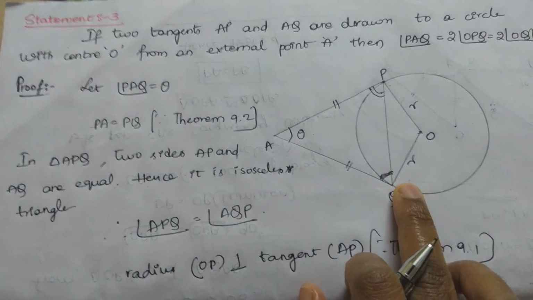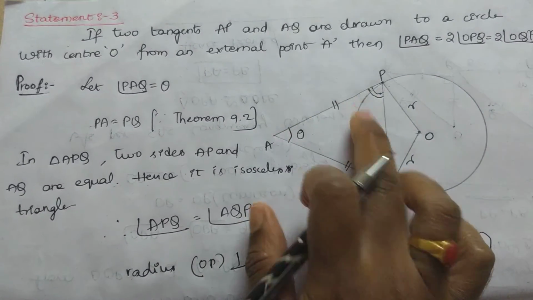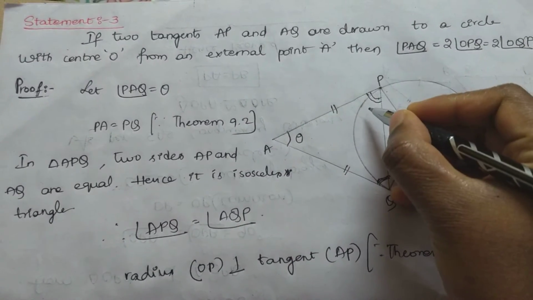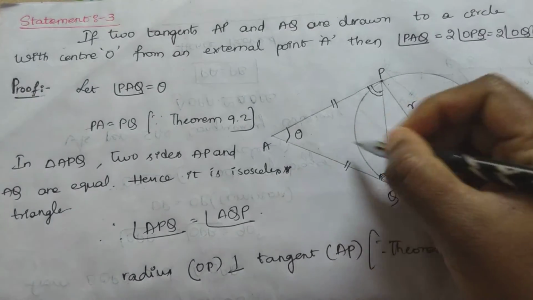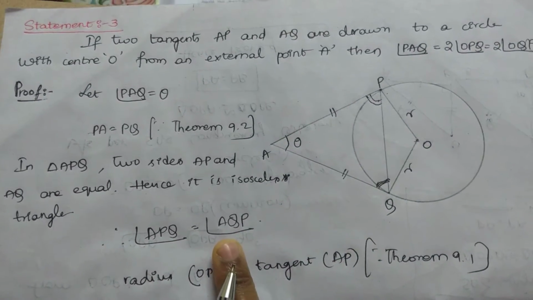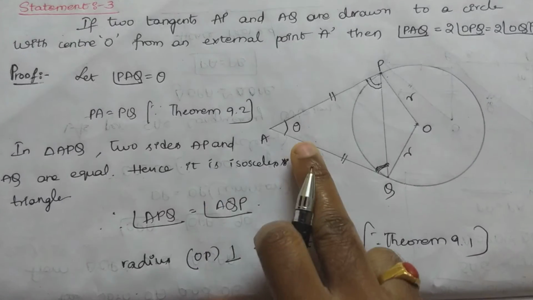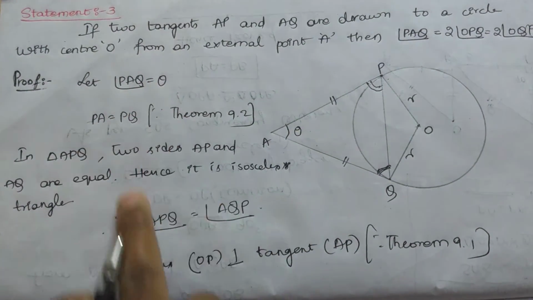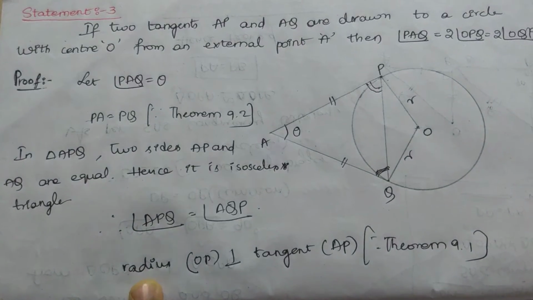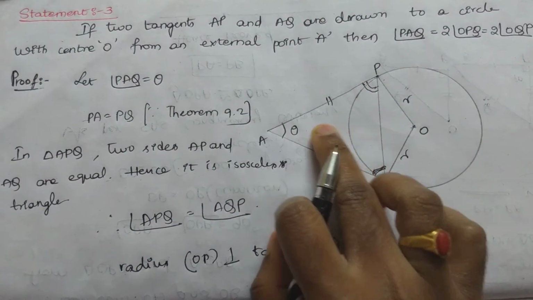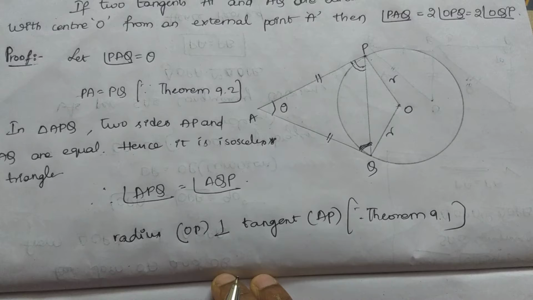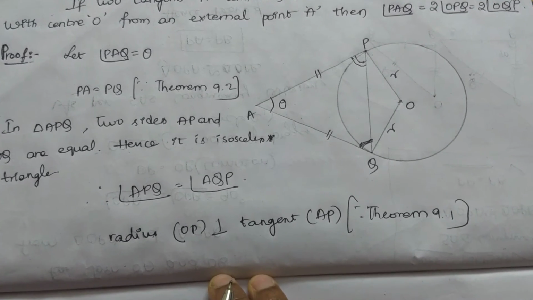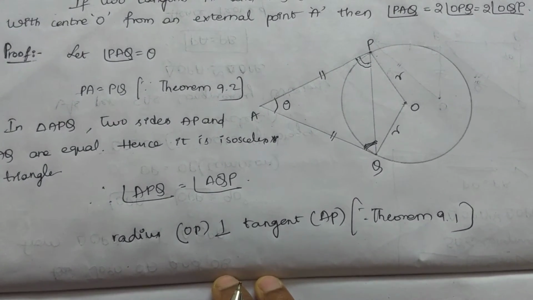Now in triangle APQ, we know that angle APQ equals angle AQP since it is an isosceles triangle. Angle formed at A is theta because we assumed it in the starting itself. So let us use the sum of angles property: the sum of angles in a triangle is 180 degrees.